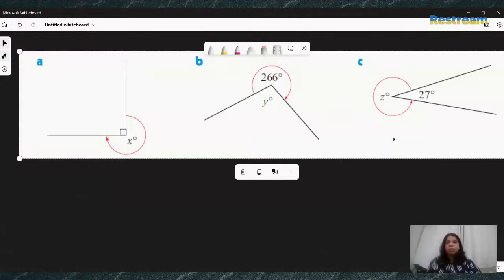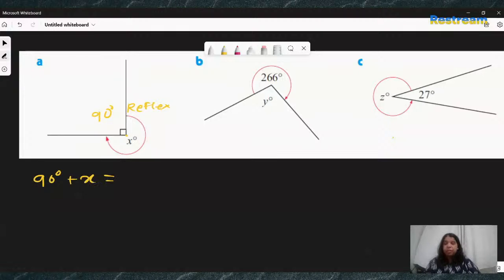Okay, so again we have these three questions, A, B, and C. Now here, if you see, this angle is 90 degrees, and this pink circle here is the reflex angle. So what it means is your 90 degrees plus x is equal to 360 degrees. Why? Because there are again angles around a point.